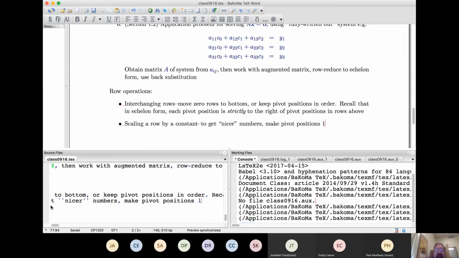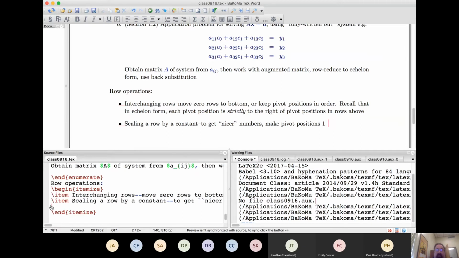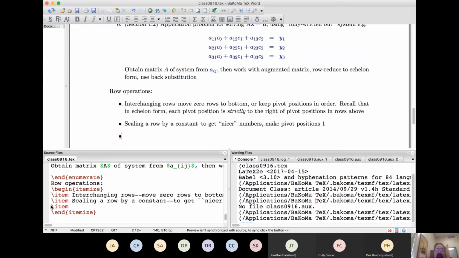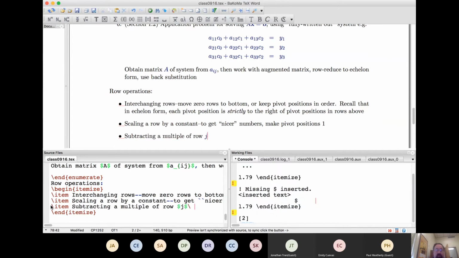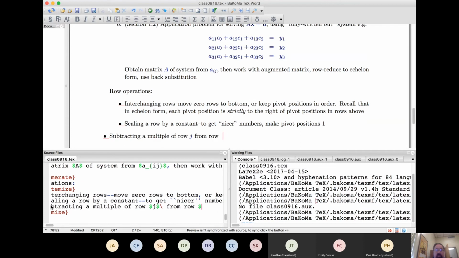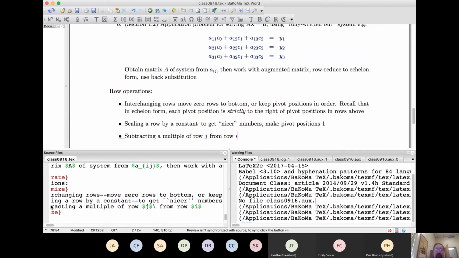All right, and then the most important row operation of all: you're trying to eliminate elements.